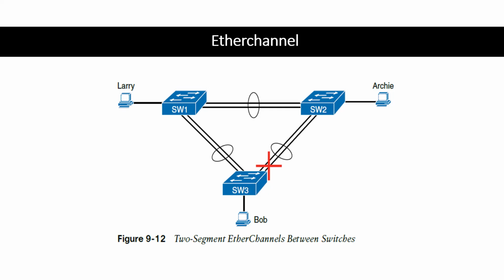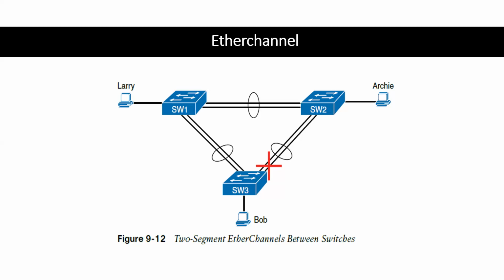But from a physical standpoint, from a layer 1 perspective in the OSI model, it actually has multiple cables between itself and the other side of that EtherChannel. And you can have up to 8 physical cables between one switch and the other to create that EtherChannel, right?